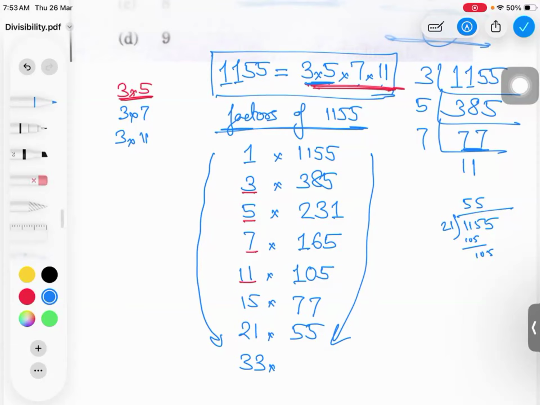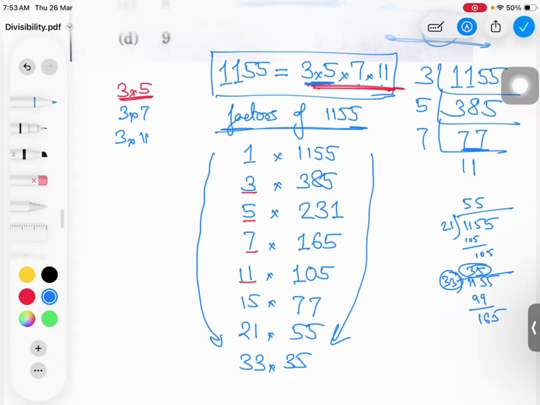How many times will 33 divide? Just simply check. I believe 3 times here. So this is 99 and 165. 165 would go for 5 times. So 33 times 35.